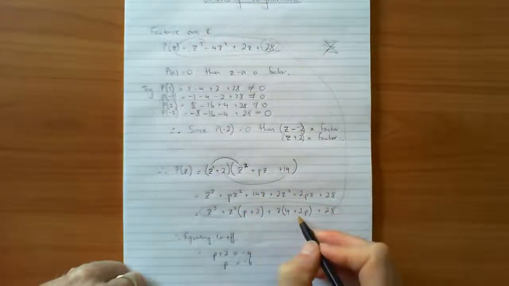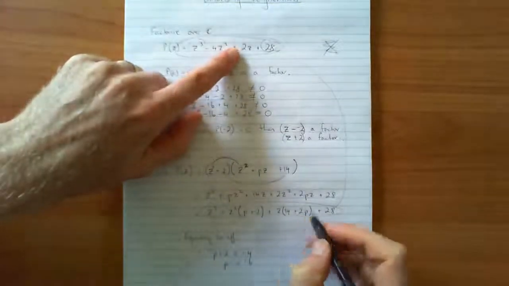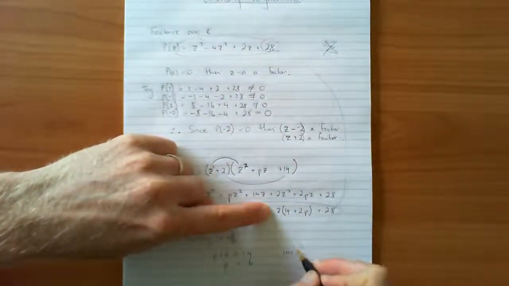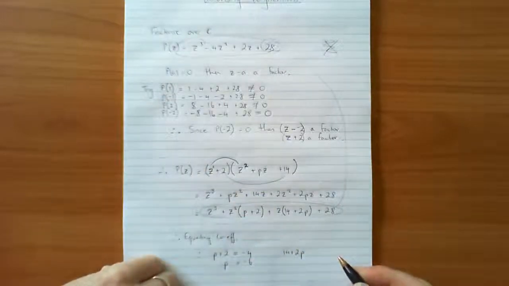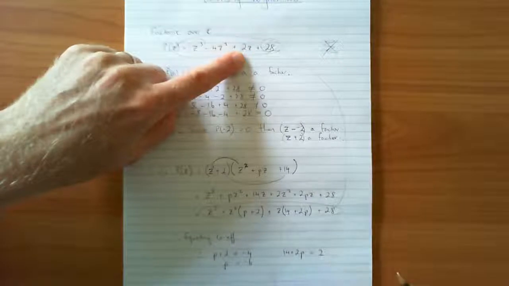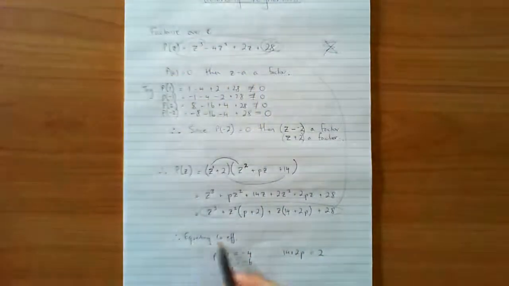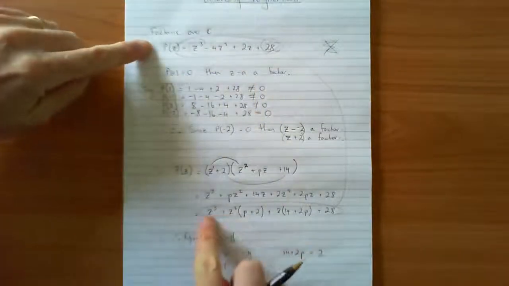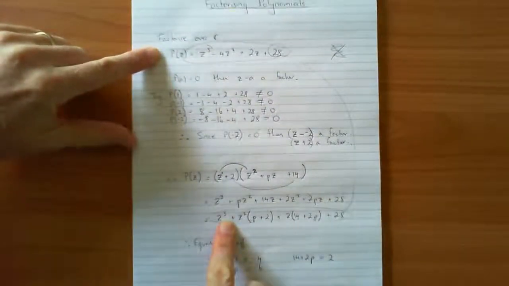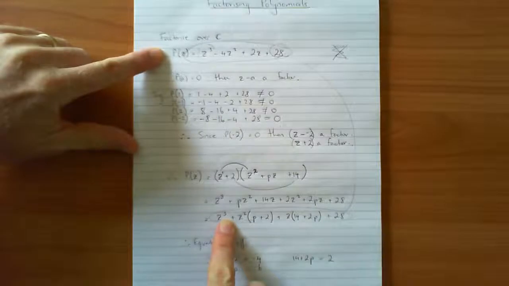Let's just check what happens over here. What if I equated my z coefficients? My z coefficient here is 14 plus 2p. My z coefficient up here is 2. I'm just equating my coefficients because these two polynomials are both pz, so numerically they must be the same.